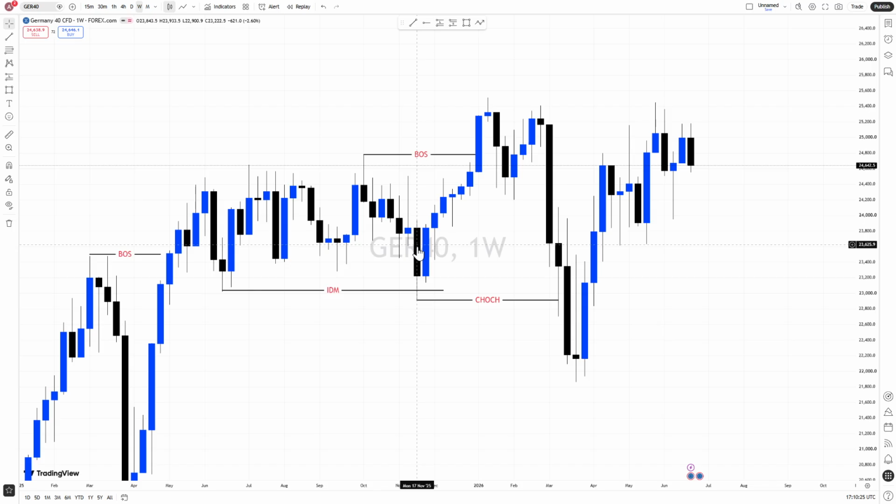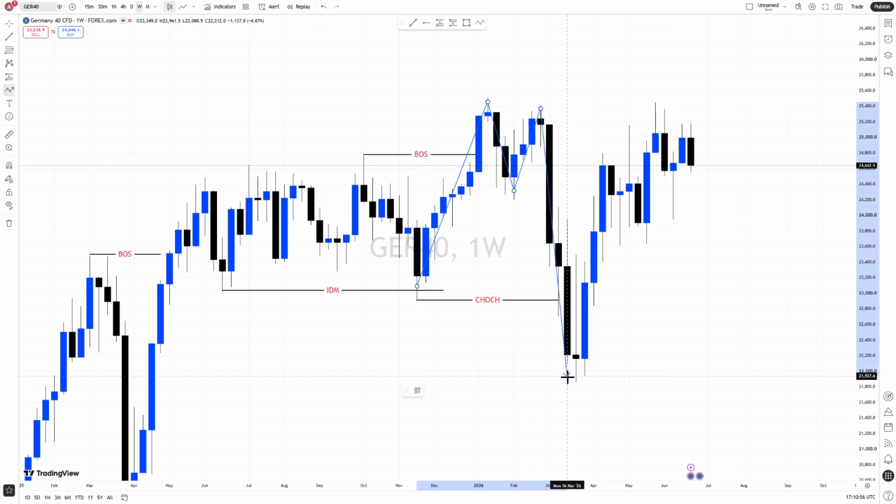You can have a look at this: this low failed to take out that high, so this is an inducement. So the market had to go up, drop, and when it went up, it failed to break above that high. It had to drop. We were expecting a buy from this demand when the market managed to take out this inducement, but it failed.